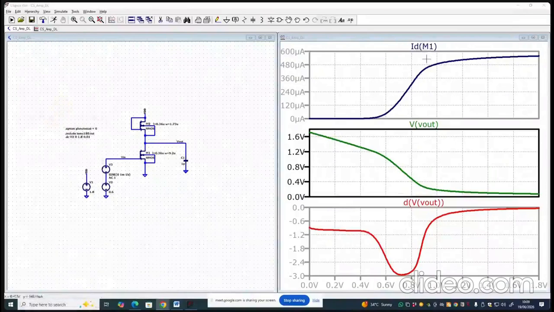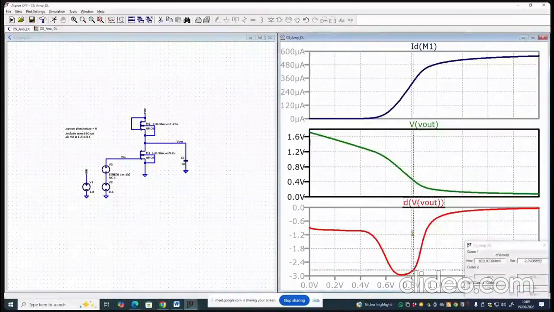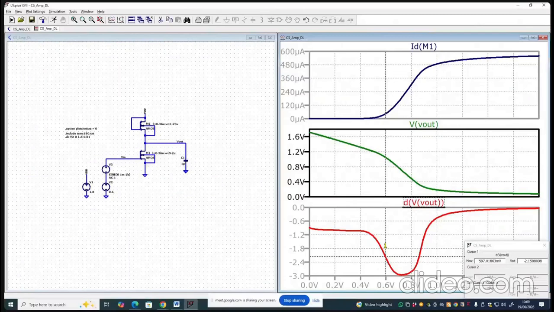So what we see is that we are not getting the desired gain. We are getting a gain of 2.9 or something like that, which is again for VGS of 729 millivolt, and currently with the bias voltage of 0.6 we are getting a gain of 2 only. Do you understand that?